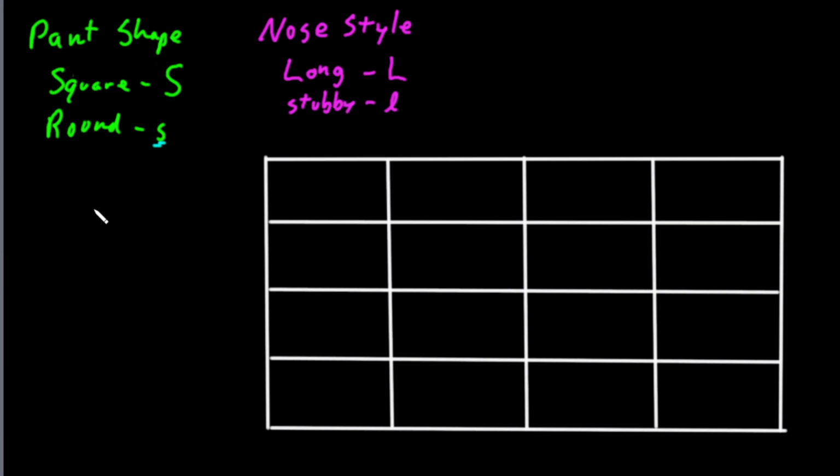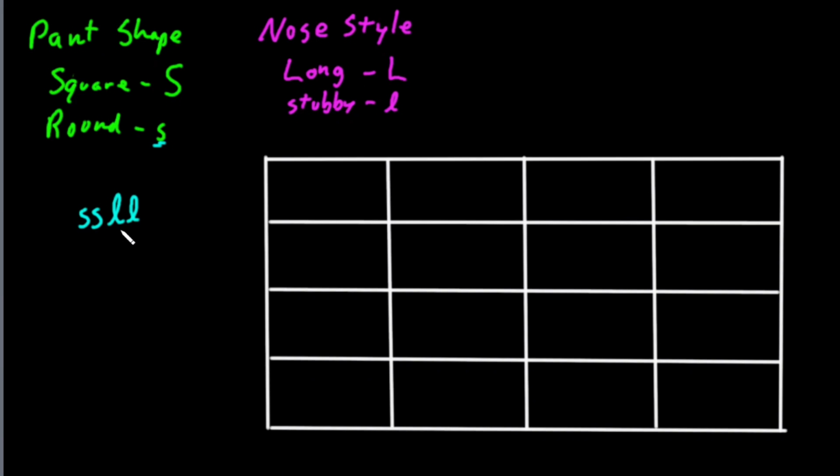So round pants and a stubby nose, which means, again, homozygous recessive because it's a recessive trait. So I realize I didn't write those alphabetically, but it'll be okay, SSLL. And that is the aunt.